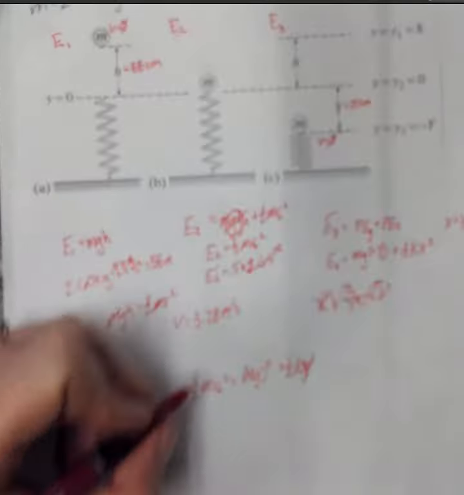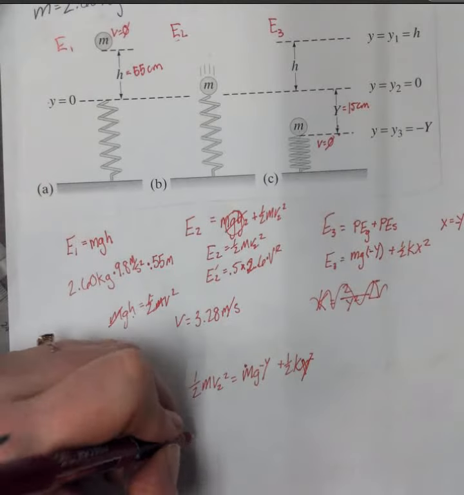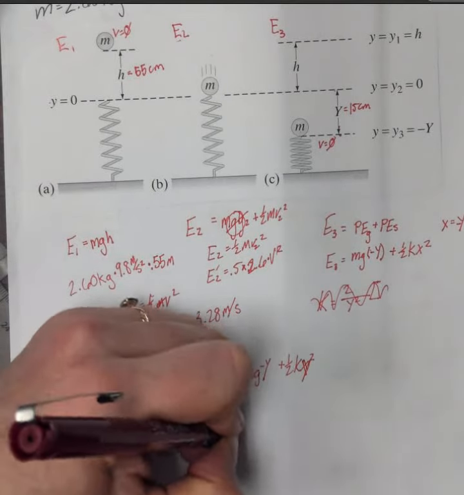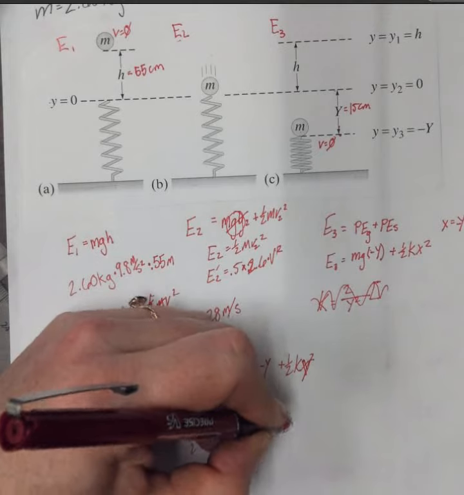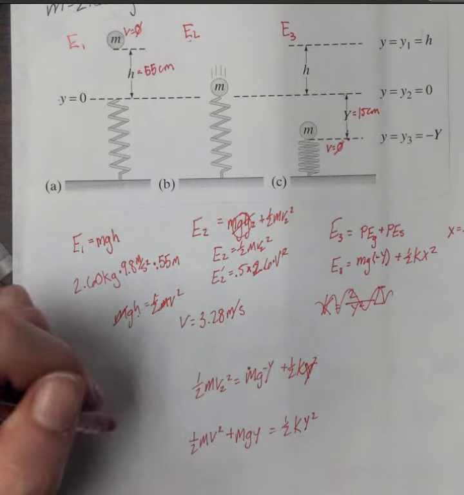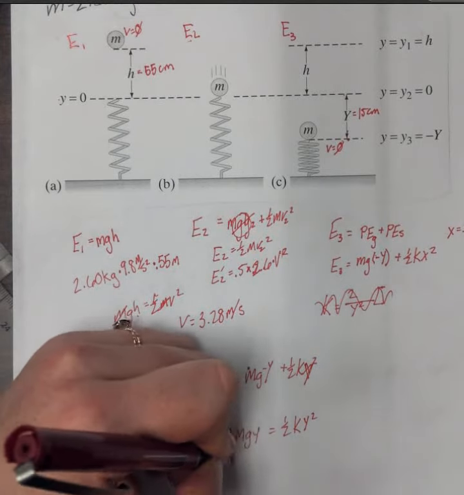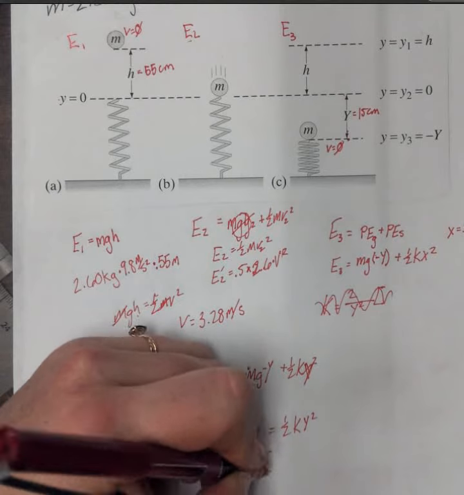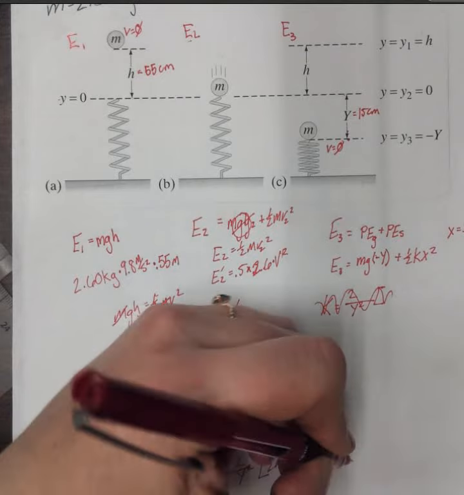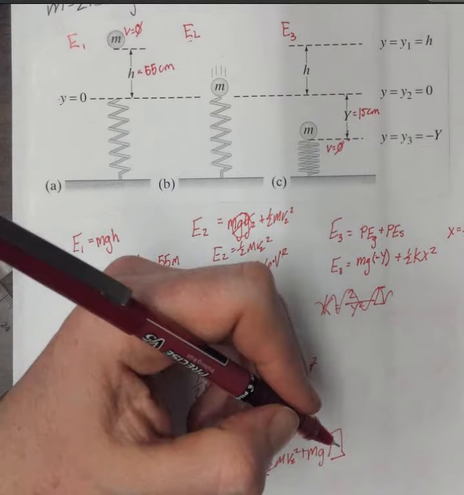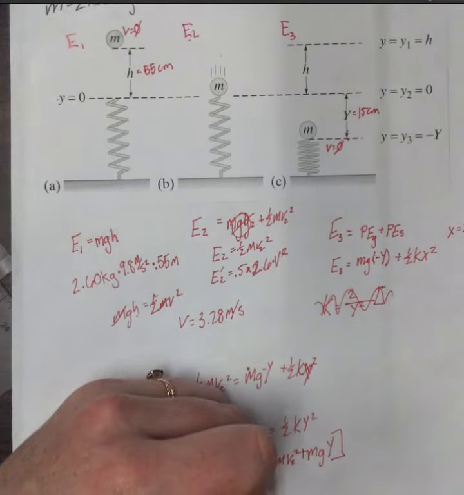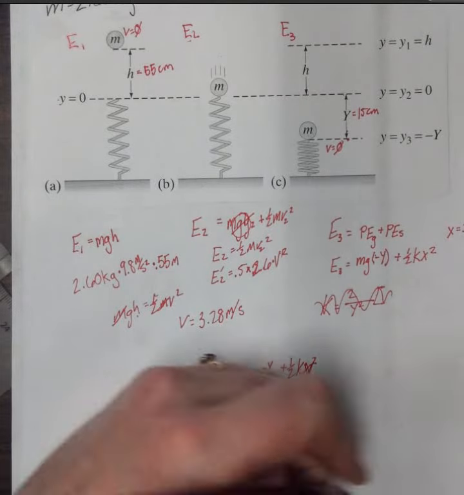Now I'm going to solve for my k: 1/2 mv squared plus mgy equals 1/2 ky squared. So k equals 2 over y squared times 1/2 mv2 squared plus mgy. I plug in my variables, and I get that k equals 1590 newtons per meter.